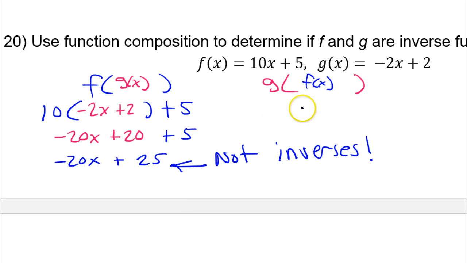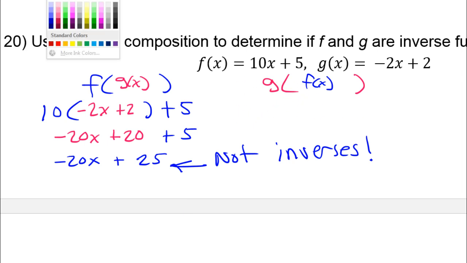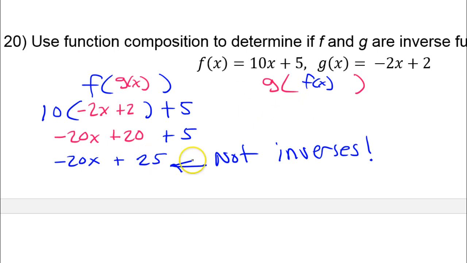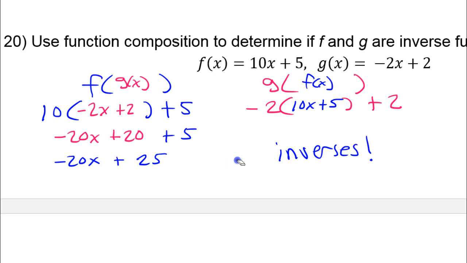Okay, just for fun, let's look at the other side, although we already know they're not inverses. But if we looked at it the other way, then we'd start with function g, which is negative 2x plus 2. So that would be negative 2 parentheses plus 2. And then inside goes function f. So I would put 10x plus 5 in there.